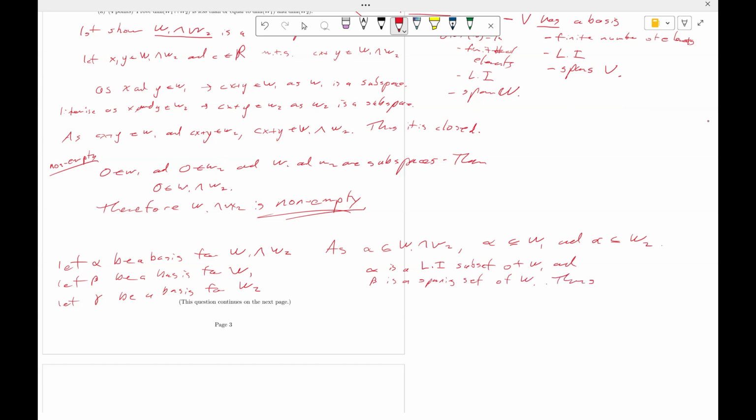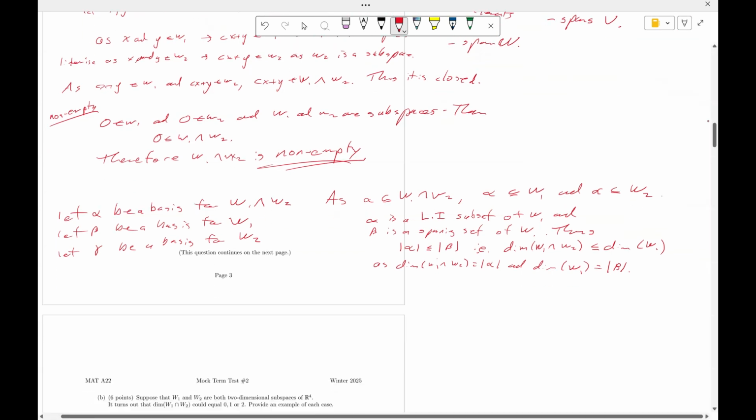Thus, the cardinality of alpha is less than or equal to the cardinality of beta, that is to say, the dimension of W1 intersect W2 is less than or equal to the dimension of W1, as the dimension of W1 intersect W2 equals the cardinality of alpha, and the dimension of W1 equals the cardinality of beta.